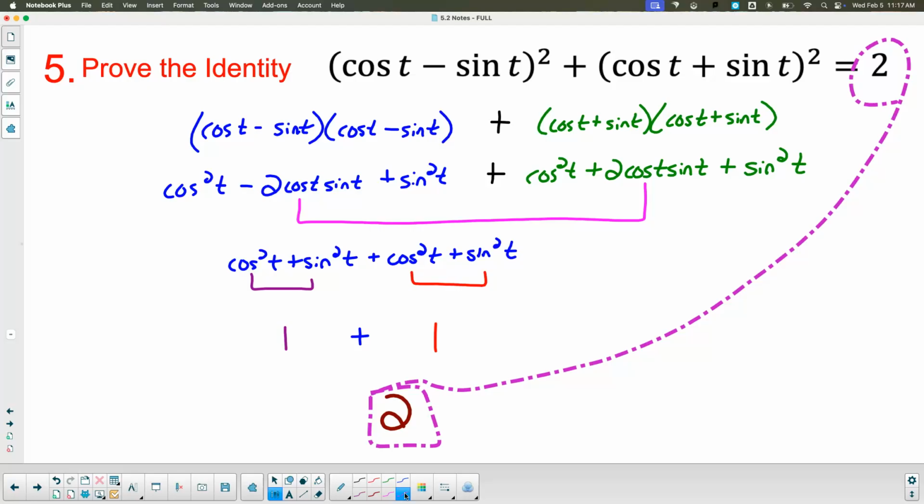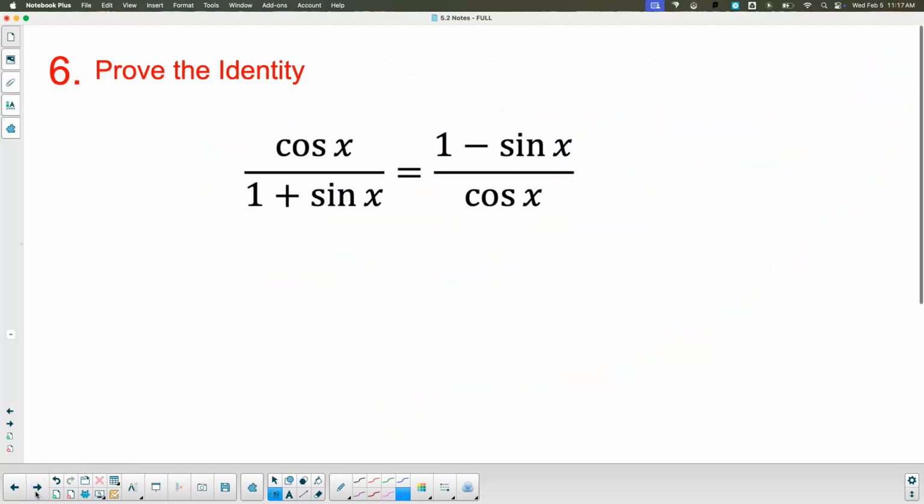Okay. You try that one. So if it were me and I was working the left side, I would multiply by 1 minus sine of x over 1 minus sine of x.